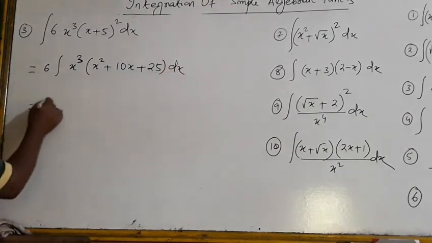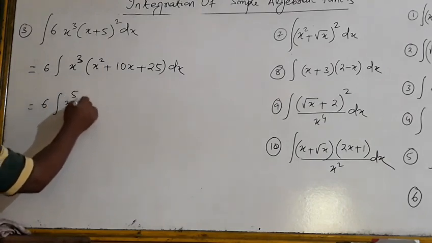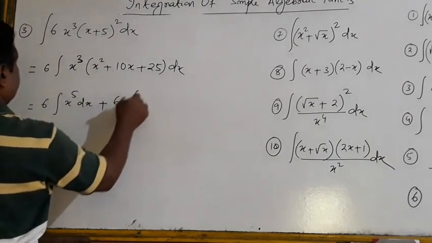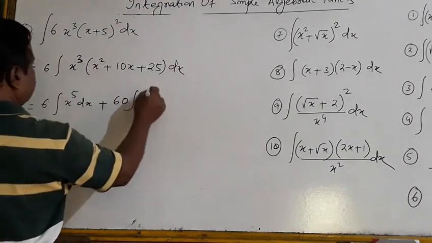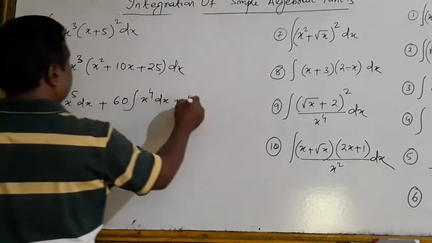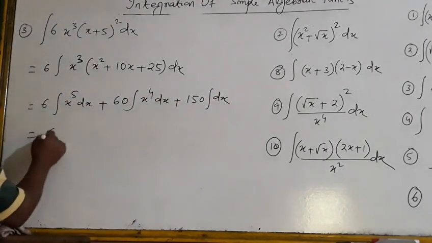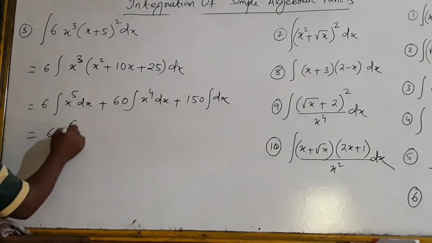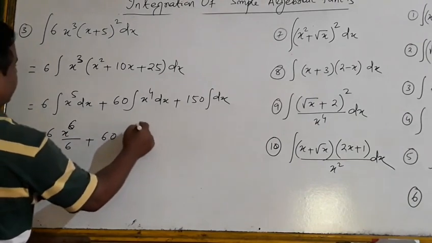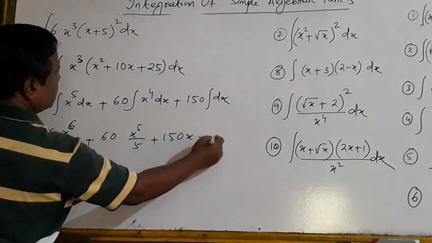It is 6 x cube times x square, it is x5 dx, plus 6 into 10, it is 60, x cube into x, it is x4 dx, plus 25 into 6, 150, integration of dx. It is 6 x6 by 6 plus 60 x5 by 5 plus 150x plus c.